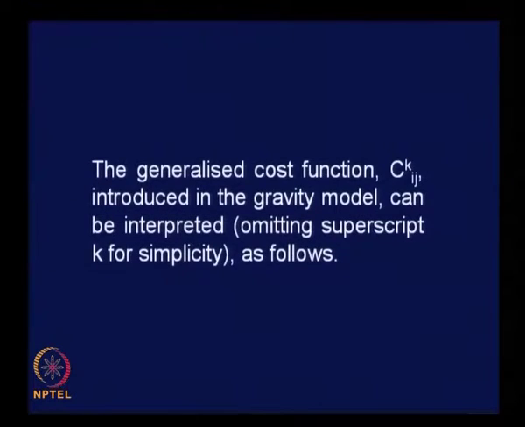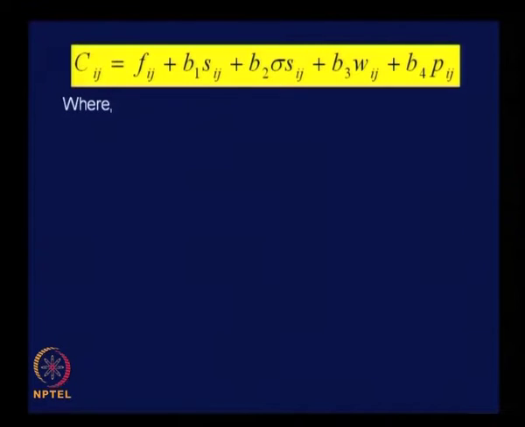The generalized cost function Cijk introduced in the gravity model here can be interpreted, of course omitting superscript k for simplicity for understanding. We can write Cij to be as follows. Cij is calculated using this equation.